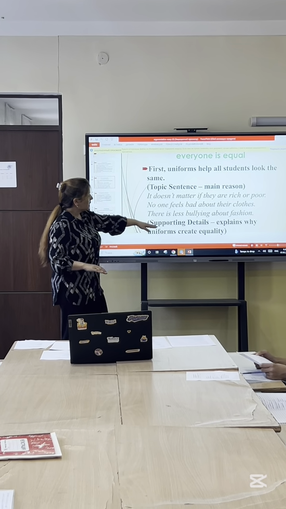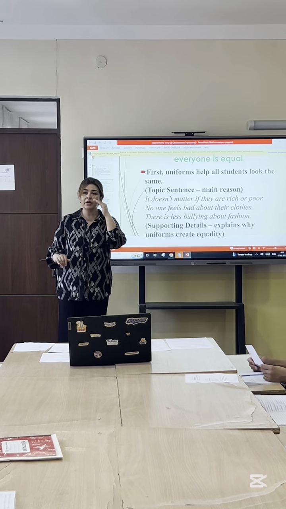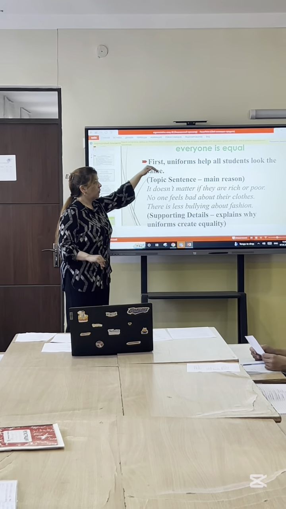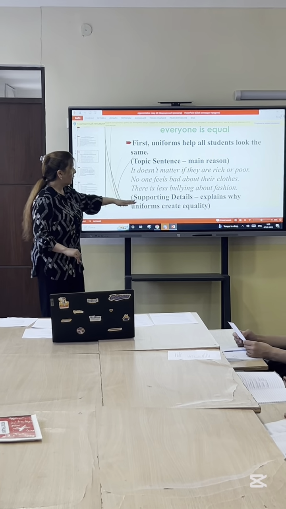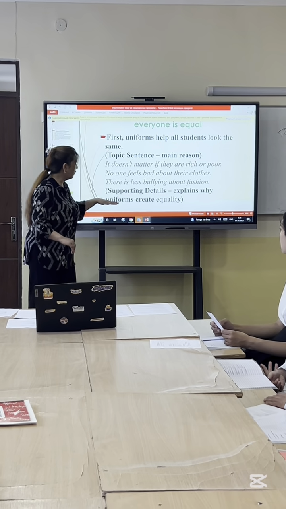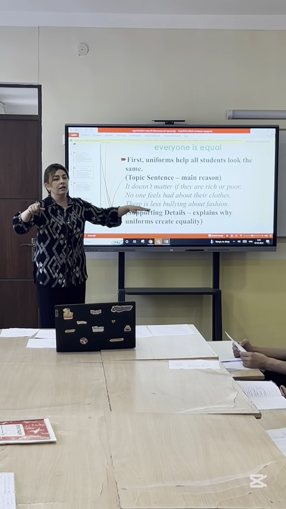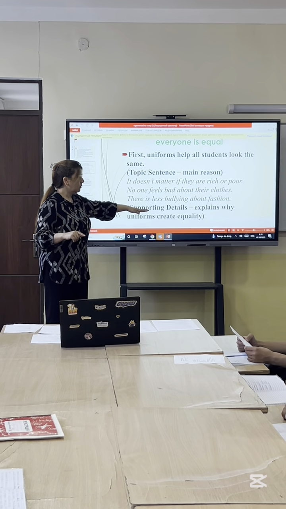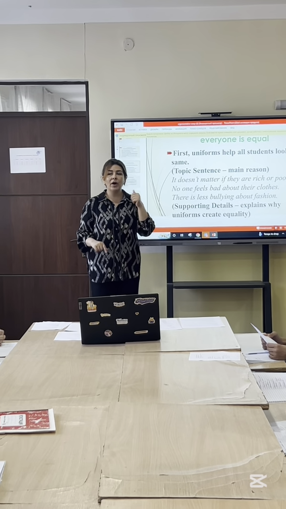Yeah. Supporting details. Supporting means you have to give the reason why you agree with this statement. Okay? Supporting details explain why uniforms create equality. You will support and explain your idea, why it's good.